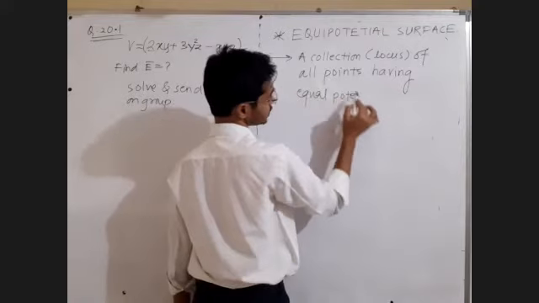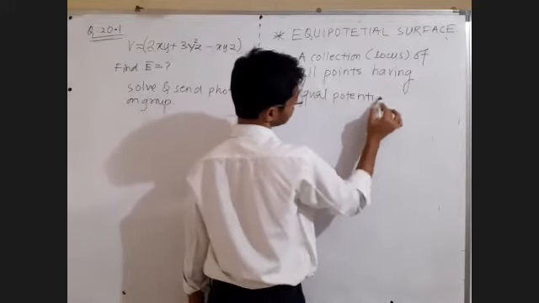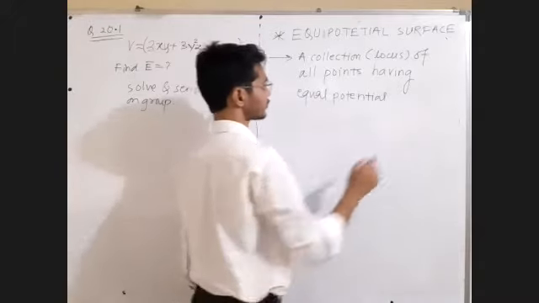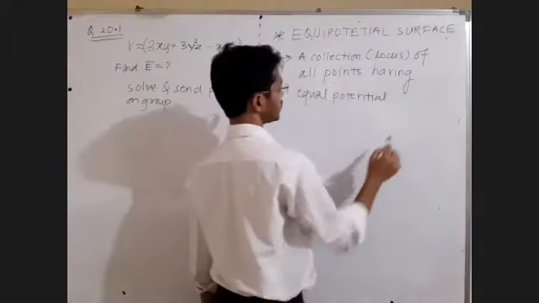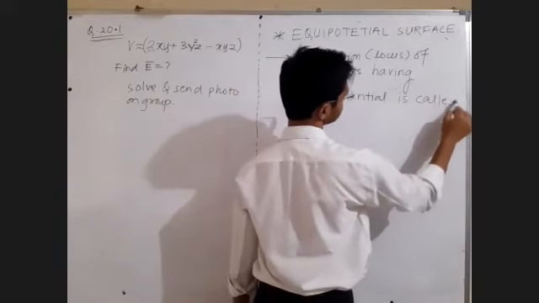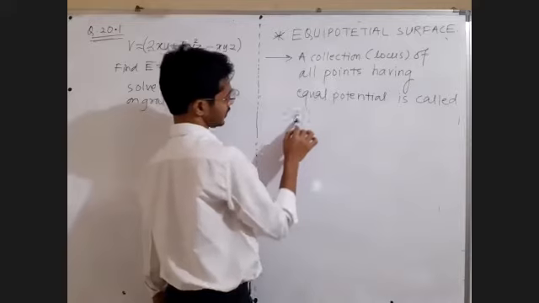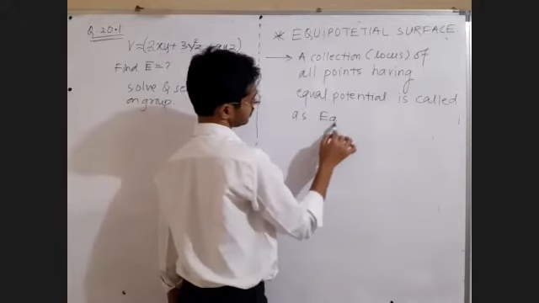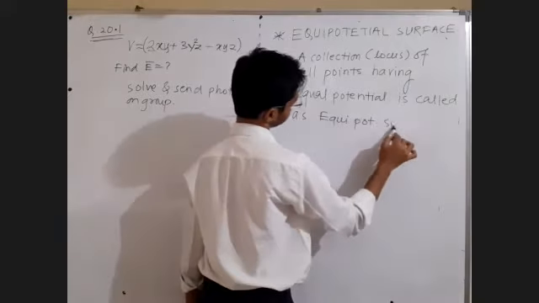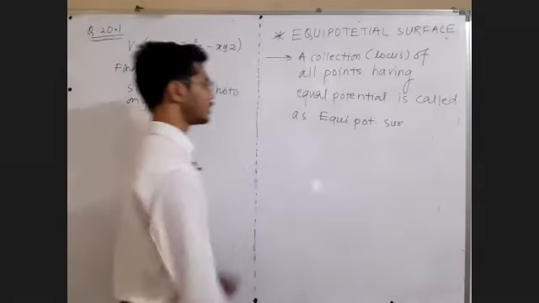All the points having equal potential, if you collect all those points, you will get a surface, and that surface is called an equipotential surface.